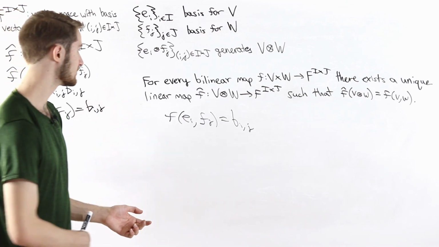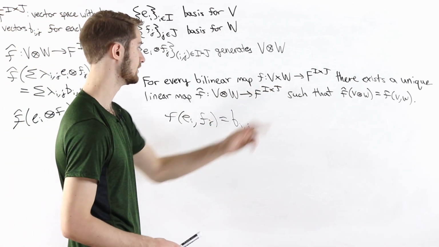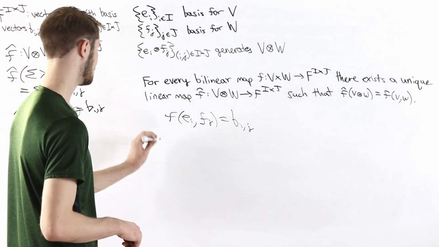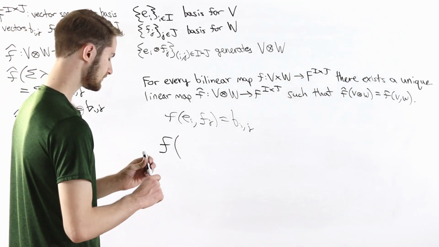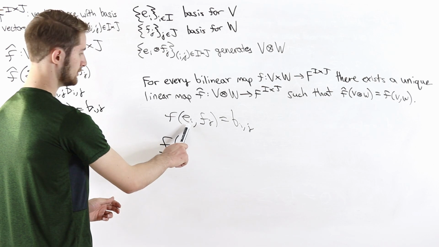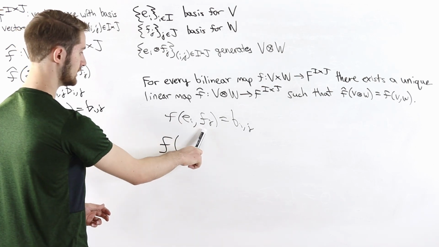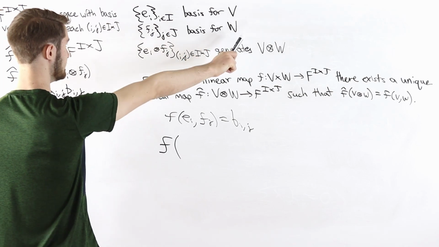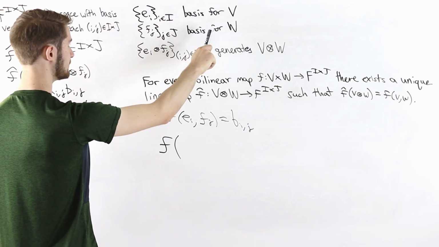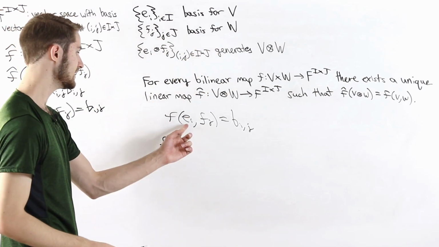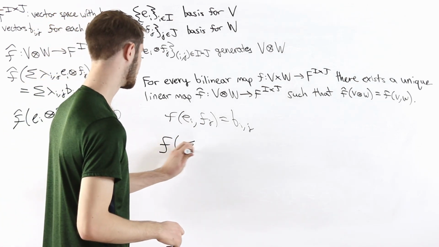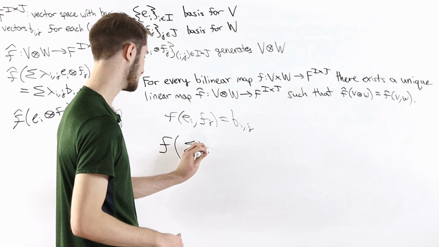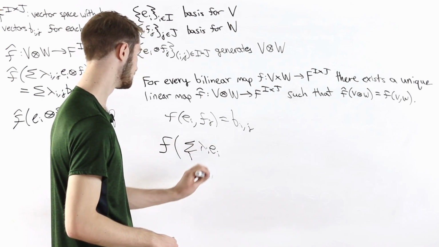Let's think about how we can extend this to a bilinear map on the Cartesian product V cross W. Remember that in general, we're going to look at an arbitrary element of V here and an arbitrary element of W here. But we know that ei is a basis for V and fj is a basis for W. So we can write any element of V as some sum over some indexing i of lambda i times ei.